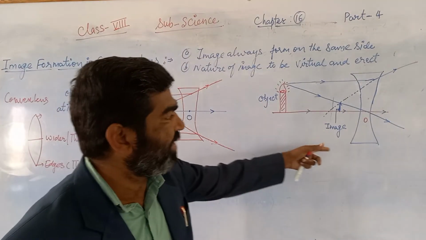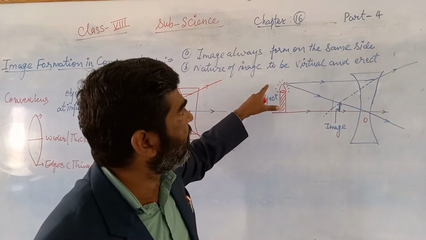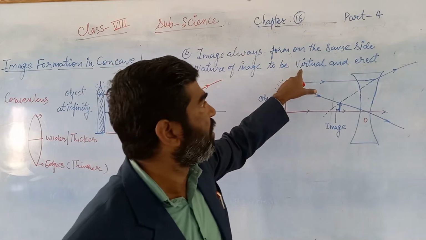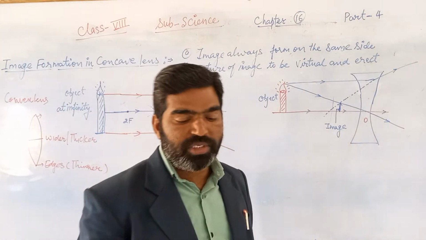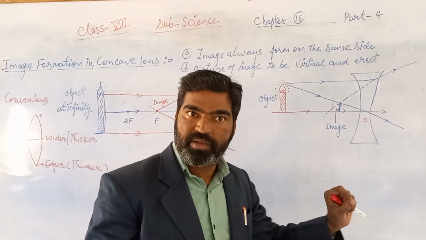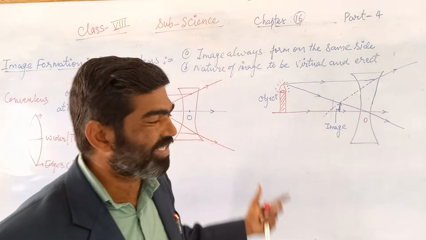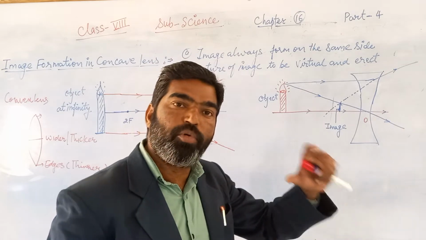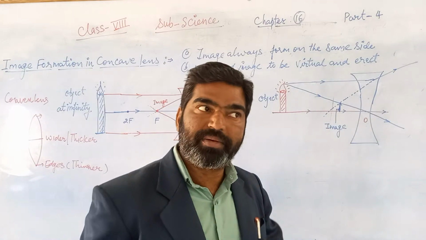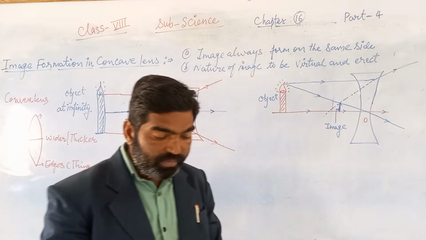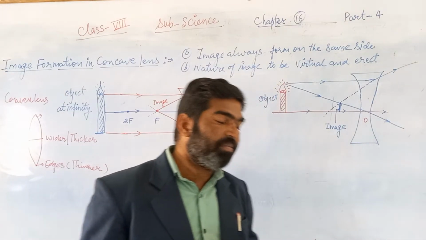But in the case of the convex lens, it mostly forms a real and inverted image. In most of the 5 cases we discussed yesterday, the nature of the image became real and inverted.